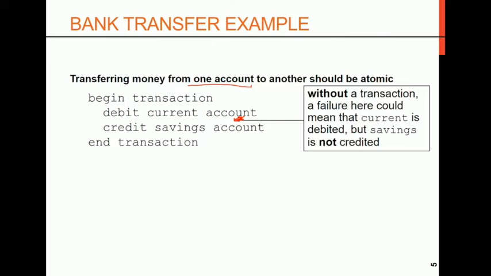So what you want to do is something like this. Say we're starting a transaction here and the transaction will end here, and all the operations in between, we want to execute these as part of a transaction.